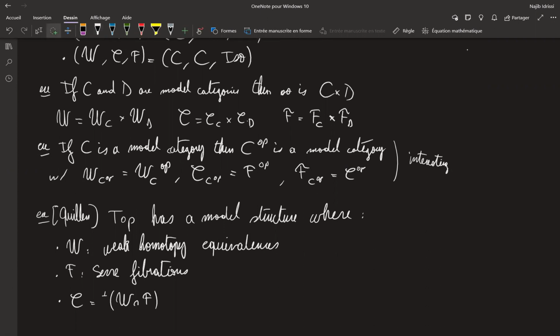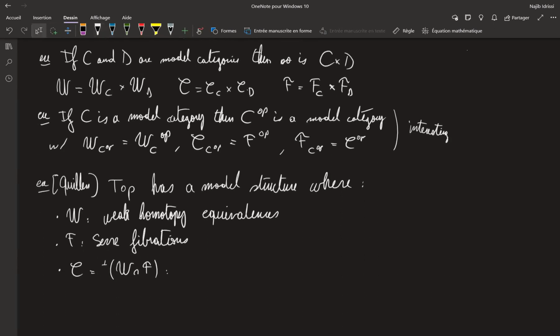But from a theoretical point of view, I could just say C is continuous maps which have left lifting property with respect to acyclic fibrations. Actually, it turns out that in this case, there is a nice description of cofibrations. So these are retracts of generalized relative CW complexes.